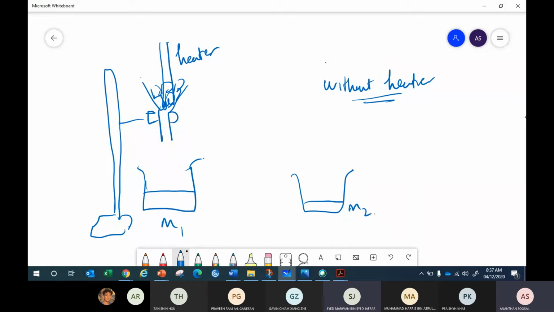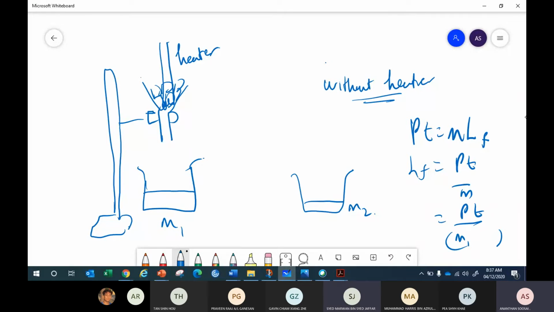So how do you get your latent heat of fusion? Pt equals mL_f, so L_f is Pt over m. Pt times what mass do you use? Anyone? m1 minus m2.